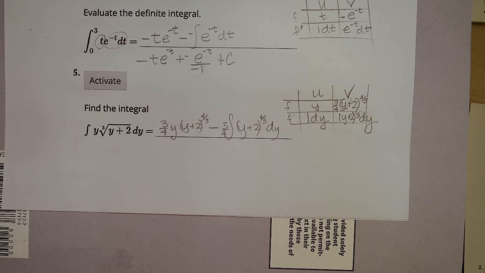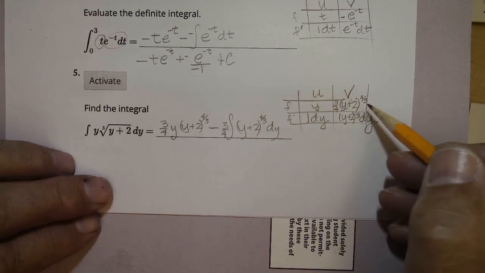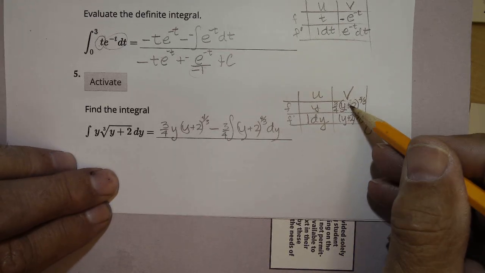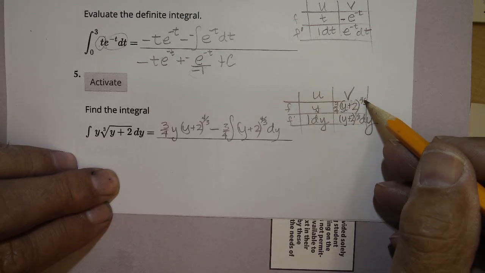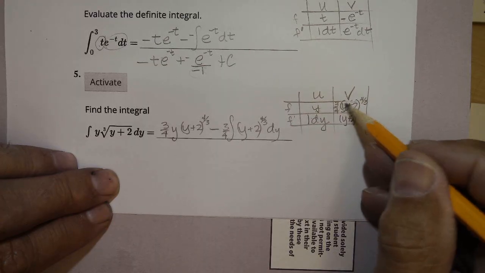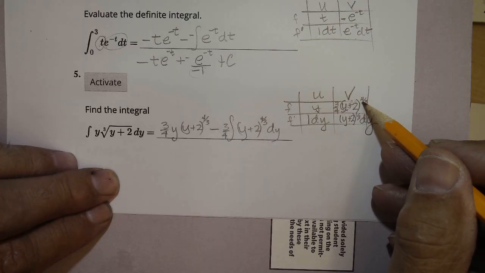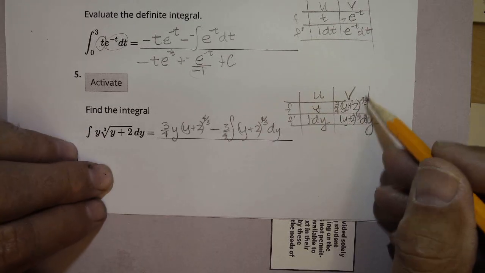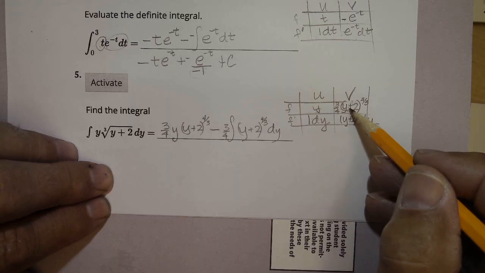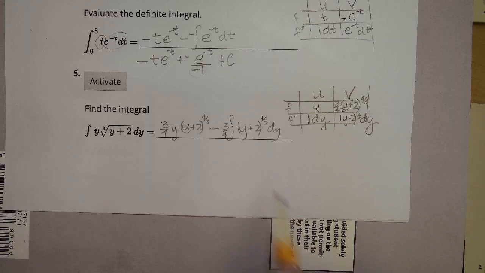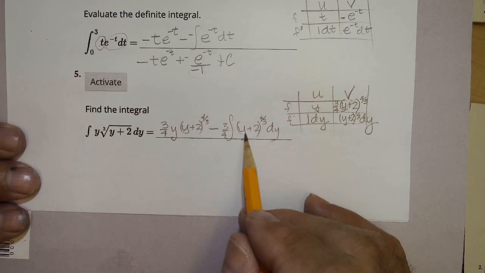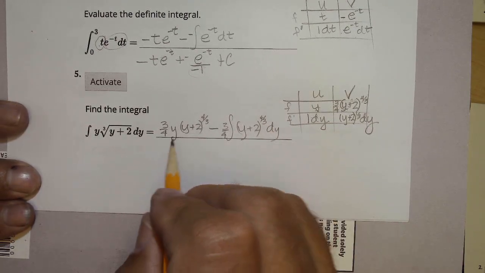Now, when I did the antiderivative here, I didn't worry about the 2, because when I take the derivative of this, I take the 4/3 down times this to 1 less, which would be the 1/3, and then times the derivative of the inside, which would be just 1, because the 2 would disappear on that. So same kind of thing happens here. I don't really have to worry about that plus 2.